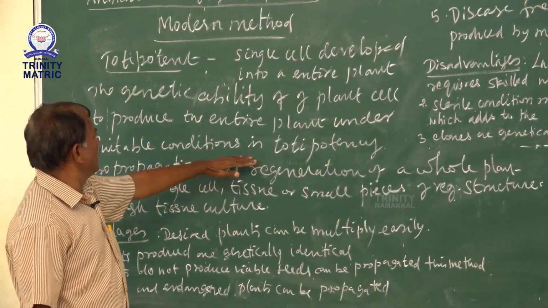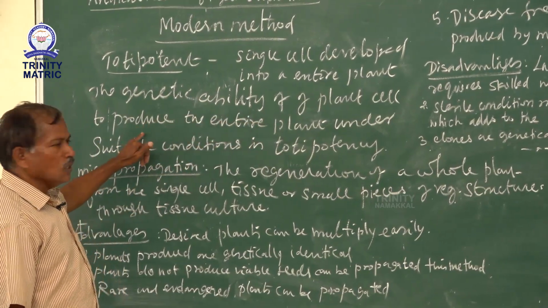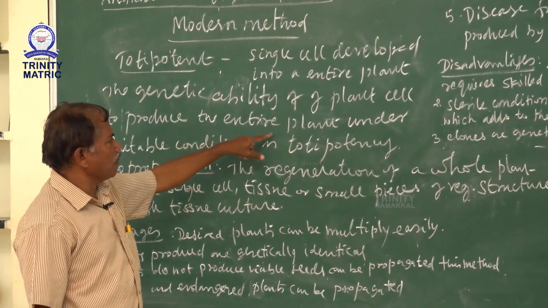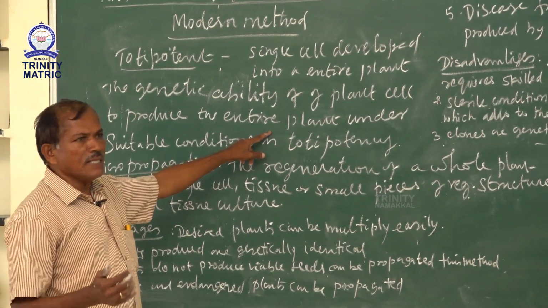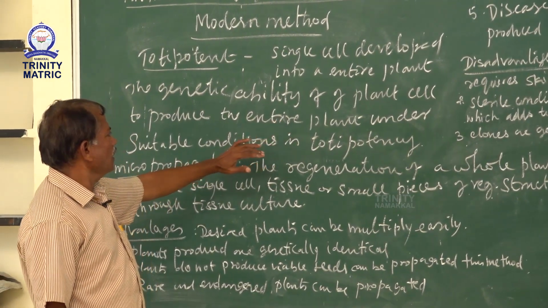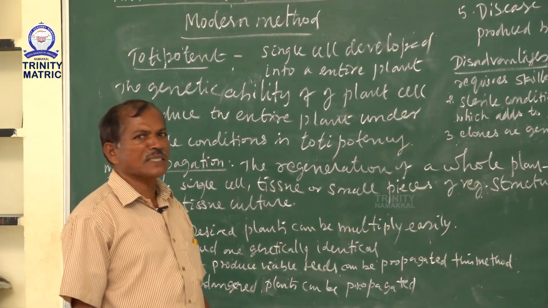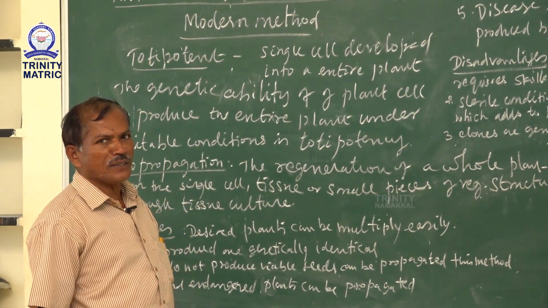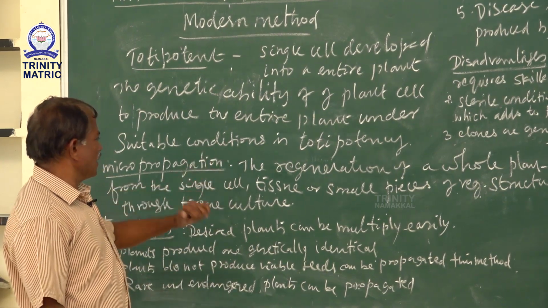So what is totipotency? The genetic ability of a plant cell to produce the entire plant. Genetic ability means all the cells can reproduce their young under suitable conditions. Suitable conditions means sterile conditions. Each cell develops into an entire plant. So this process is called totipotency.